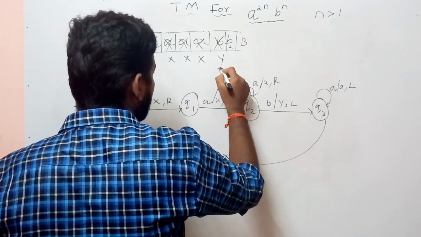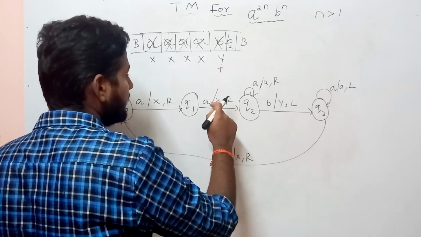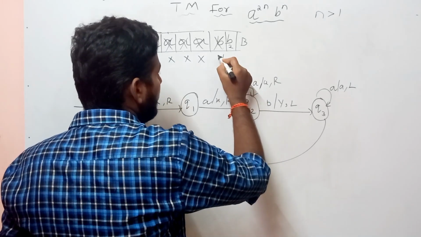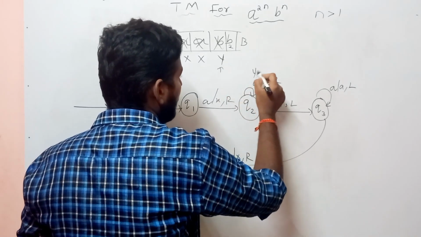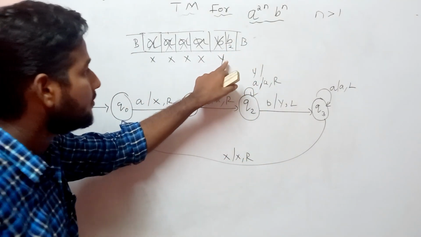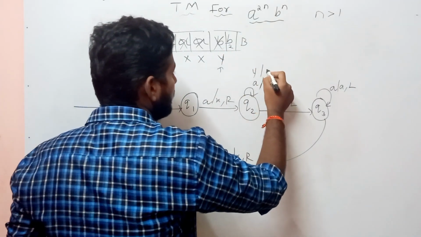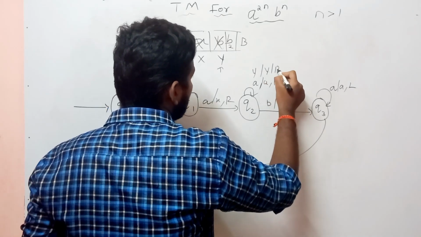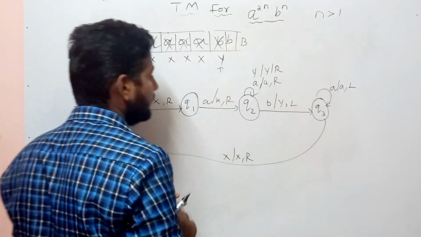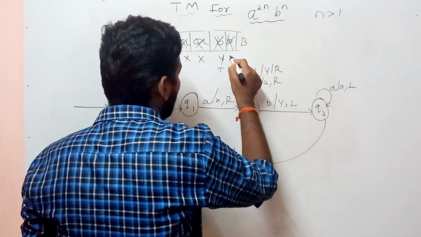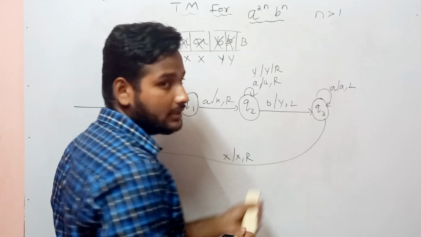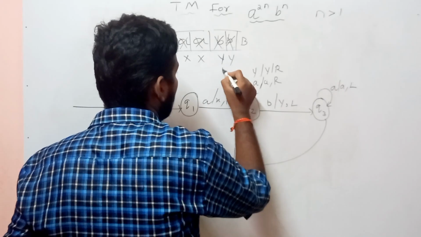Now the pointer is here. We make this x and move to the right side. In the q2 state we ignore this y. Similarly, when searching for the second b, we ignore these intermediate symbols. We ignore this y as y and move right. Whenever we find the second b, we make it y and the direction changes to left.